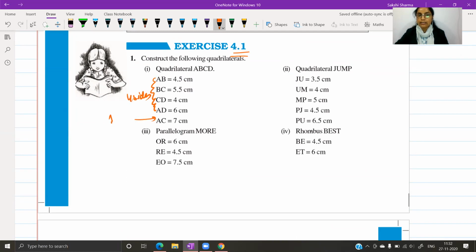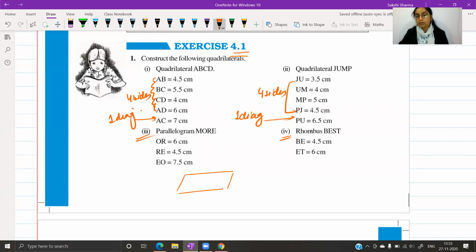In the second part also, JU, UM, MP, PJ, these are the 4 sides. And the last one is the diagonal, 1 diagonal. Looking at parts 3rd and 4th, 3 values are visible for the parallelogram, 2 values for the rhombus.